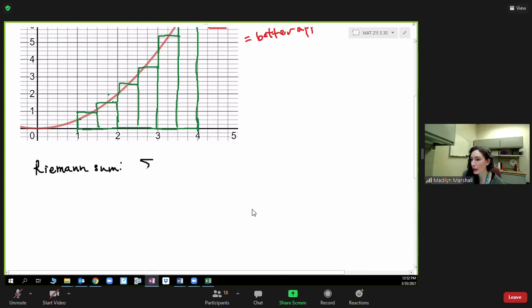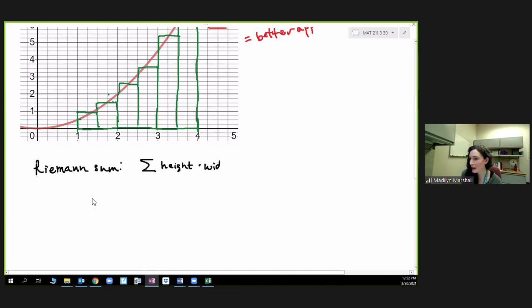Which is the sum of the height of the rectangle times the width over however many rectangles there are.